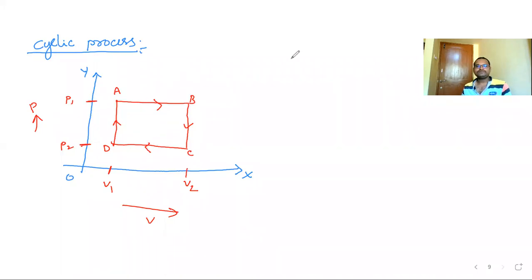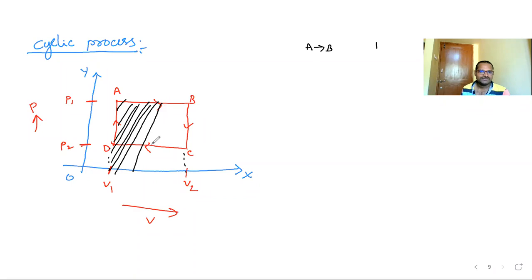Now see, first, from point A to B, the graph is going like this. This is the total area under the graph. Are you getting clear?